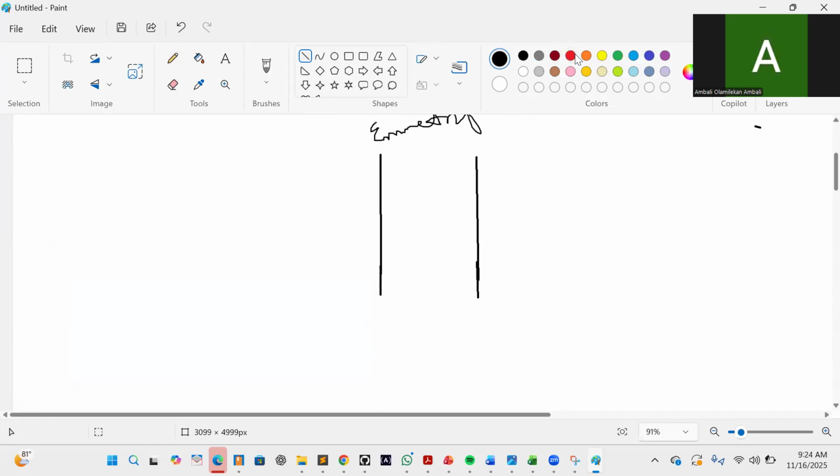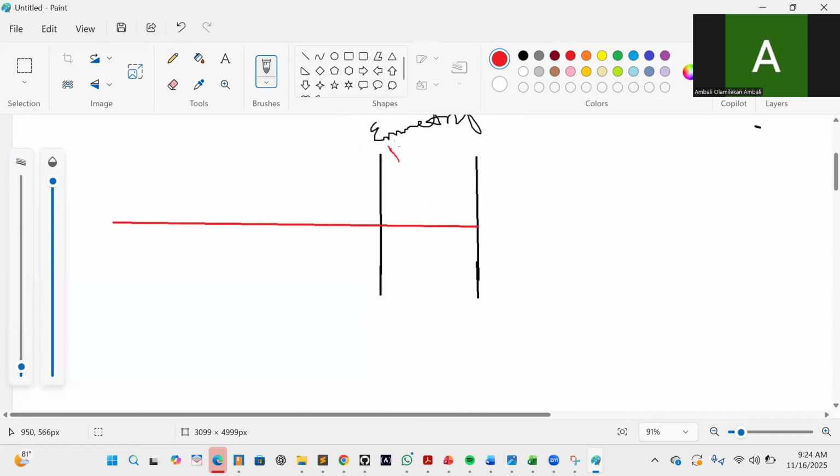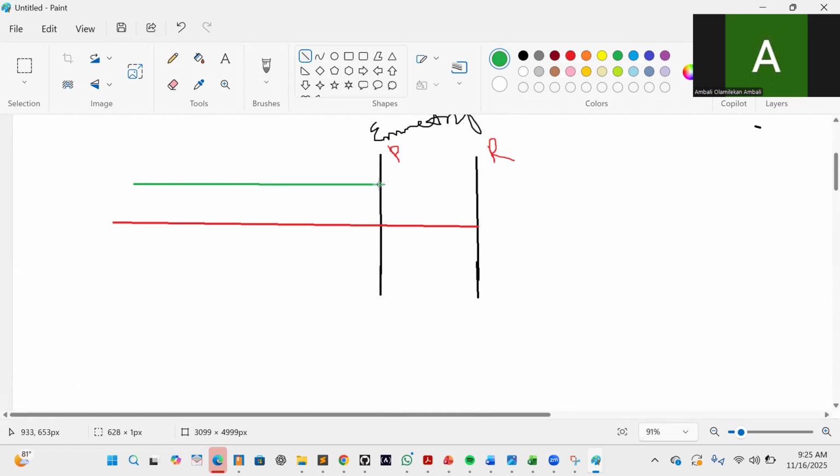Here is the principal axis, the principal plane, and the retina. Myopia is a refractive condition in which parallel rays of light do not form a point focus on the retina. Parallel rays of light are coming from infinity like this. They form a point focus in front of the retina. So the point focus, the second focal point, they come like this.